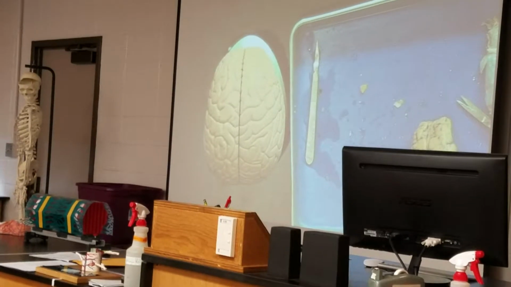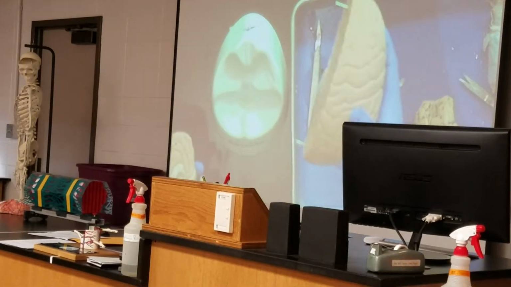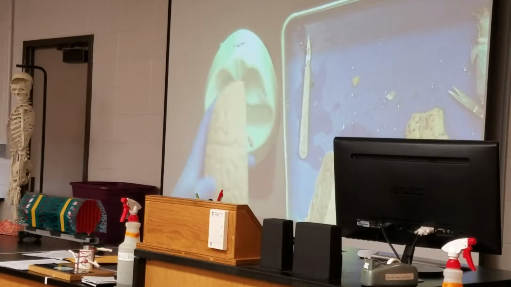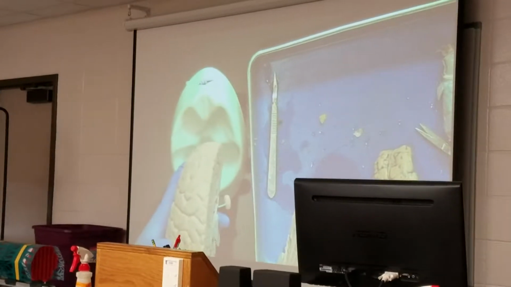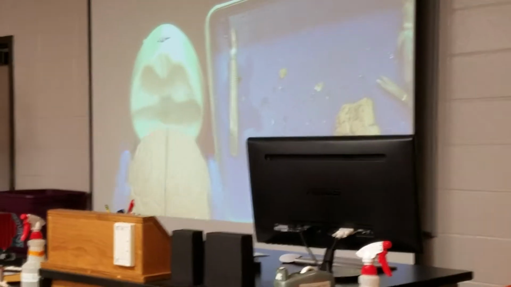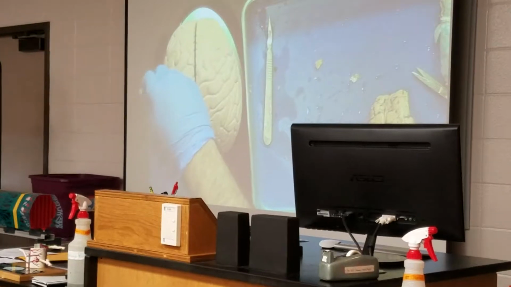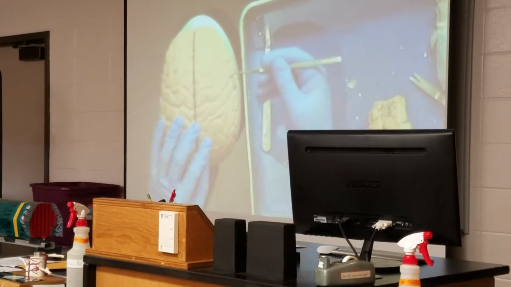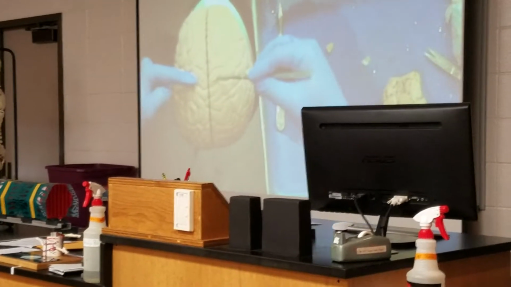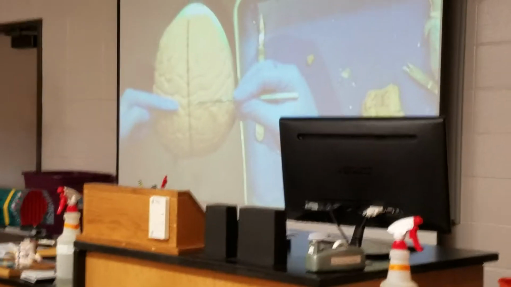Don't memorize the numbers. They'll most likely be hidden, or we will most likely use the part of the brain that has no numbers. So I would not recommend memorizing numbers. This here is the central sulcus, this here is the precentral gyrus, and this here is the postcentral gyrus.